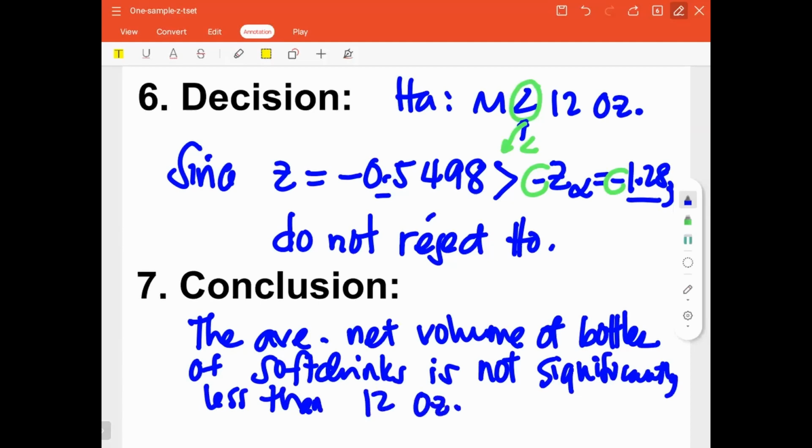Or we will say that there is no sufficient evidence to conclude that the average net volume of the bottles of soft drinks is significantly less than 12 ounces.